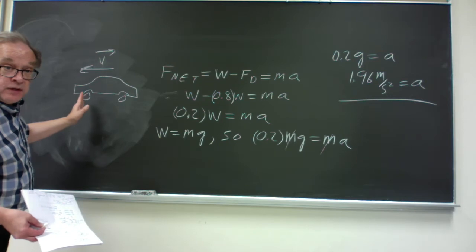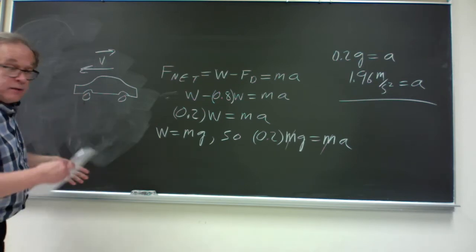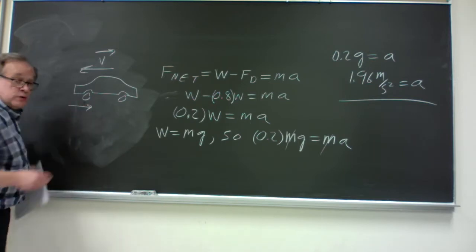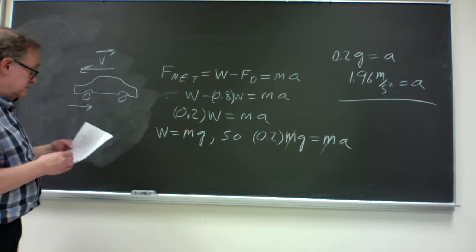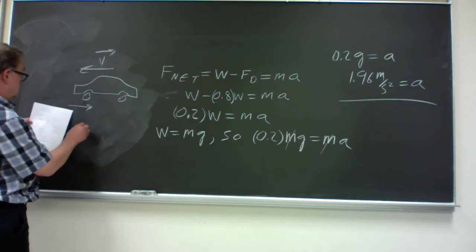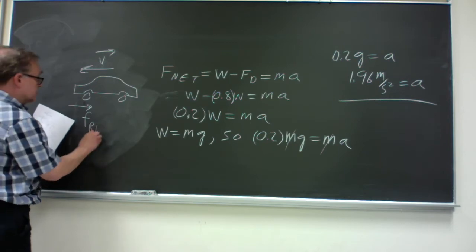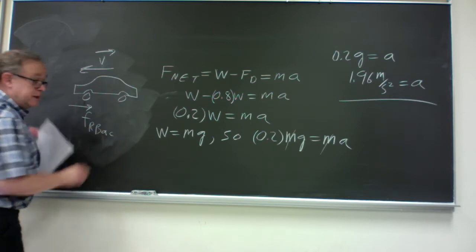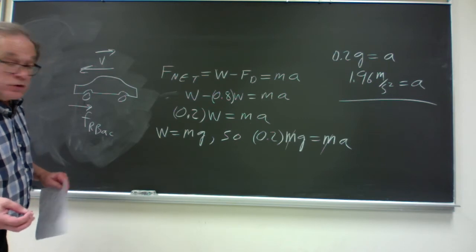And in order to prevent a slide this way, the friction force has to point the other way. So there is a backwards friction force acting on the front tires, a rolling friction force, and I'll just call it F_B for a rolling friction force that points backwards.